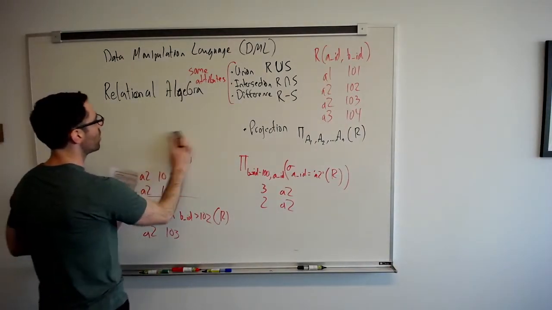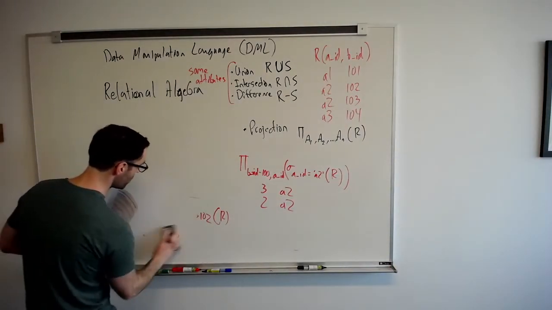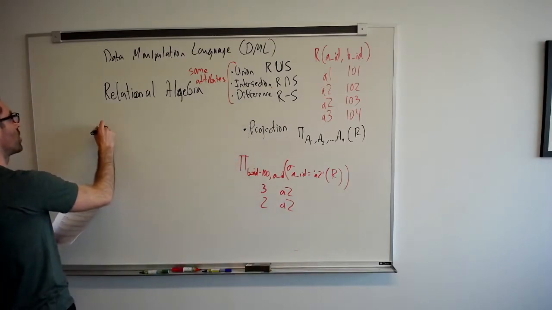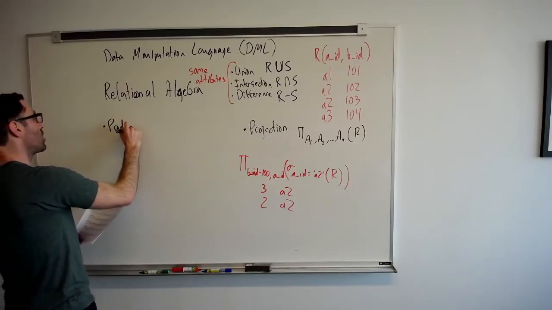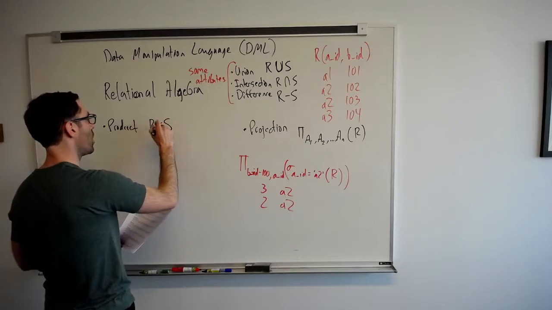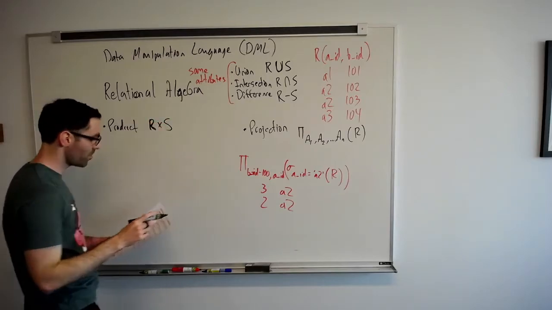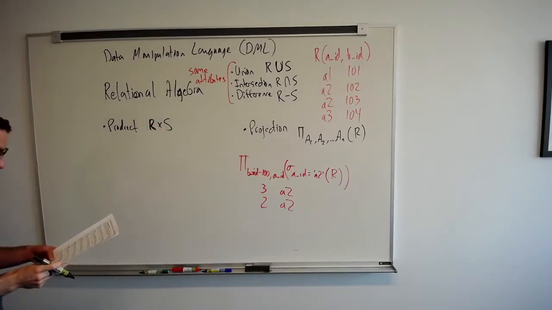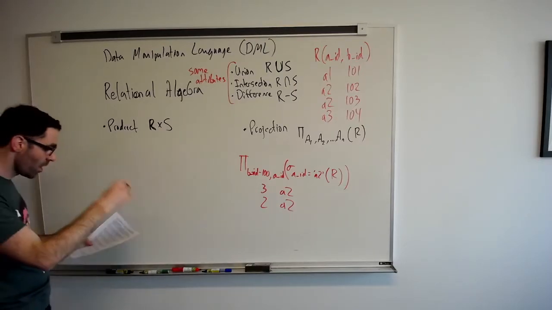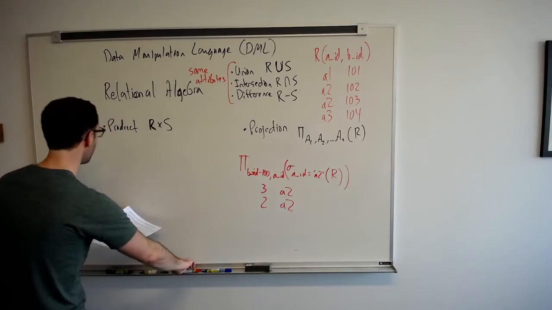Then I said that we had product. This is another binary operation where we would say R cross or times S is how product would be written. And it says all possible combinations of tuples from the input relations.